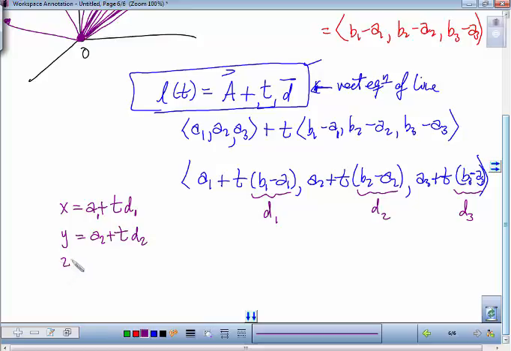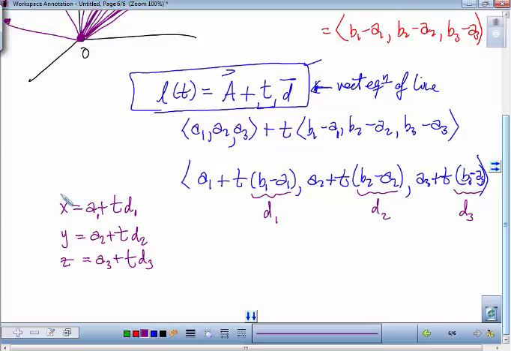So if we split it up like this, we have our x, y, z as functions of t, and now it kind of looks like parametric equations.